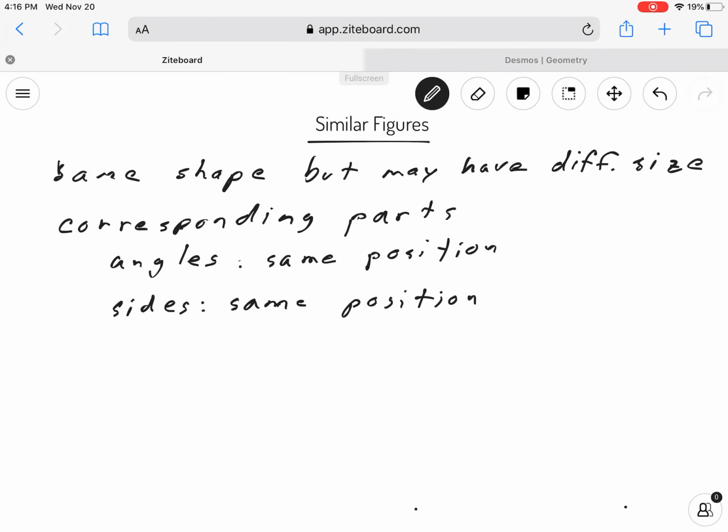Corresponding angles have equal measures. Corresponding sides will have proportional measures.